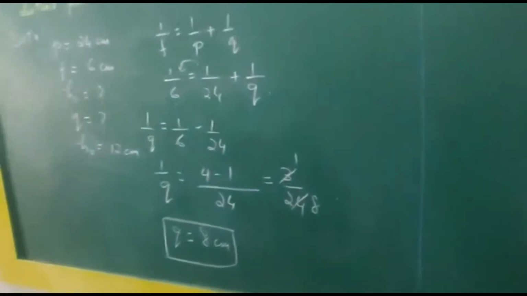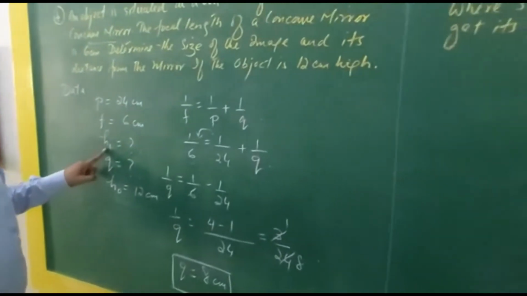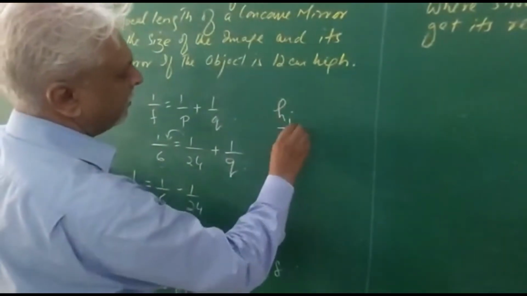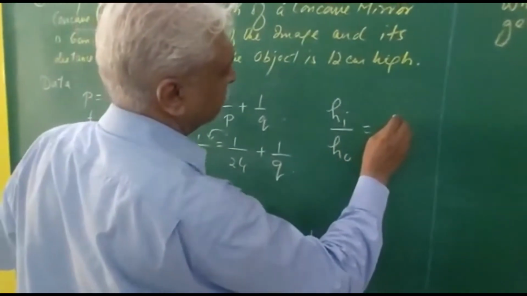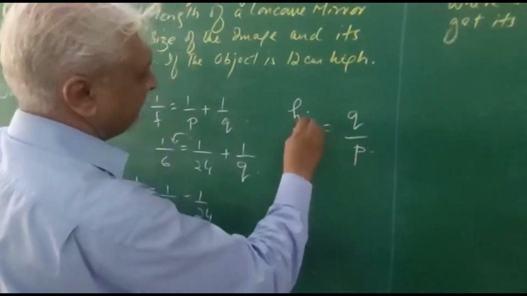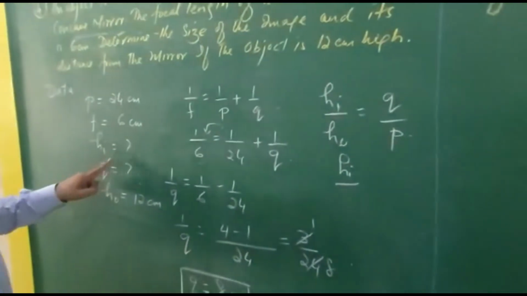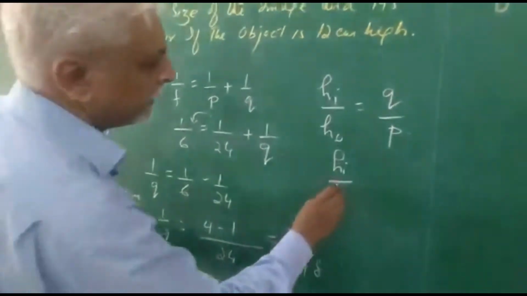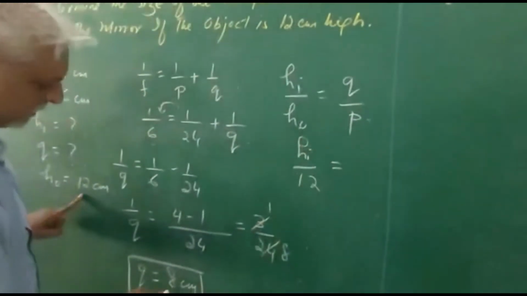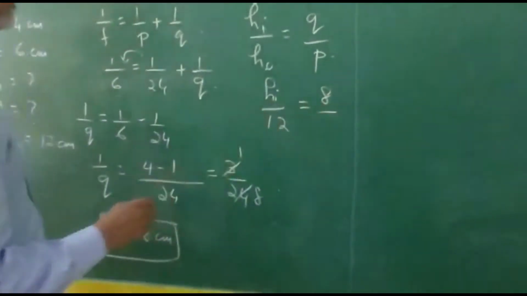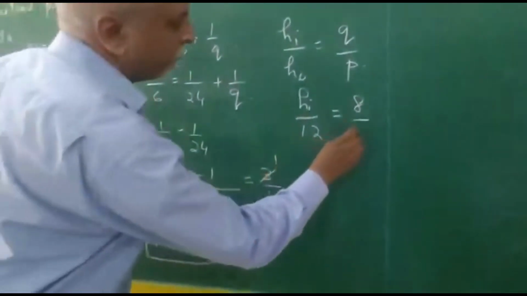Now you need to find out the height of the image. So the formula: height of the image over height of the object is equal to q over p. The height of the image is unknown, we need to find that. Height of the object is given to you, it is 12 centimeter. The value of q we just calculated, 8 centimeter, and p is given to you, 24.